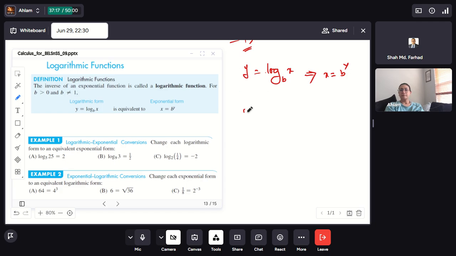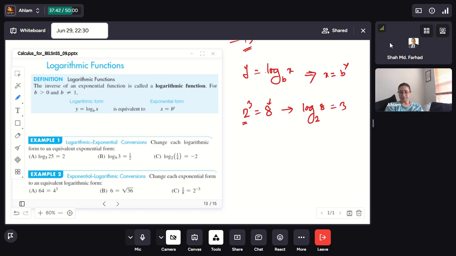If we put 2 cube equals 8 and convert this, the log base will be 2, the number is 8, and the power is 3.